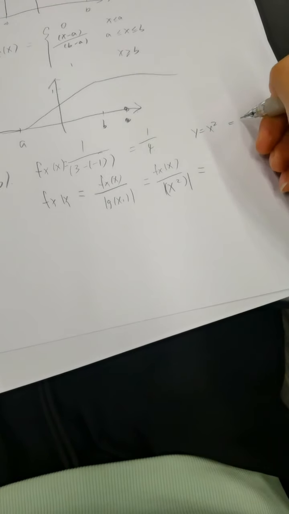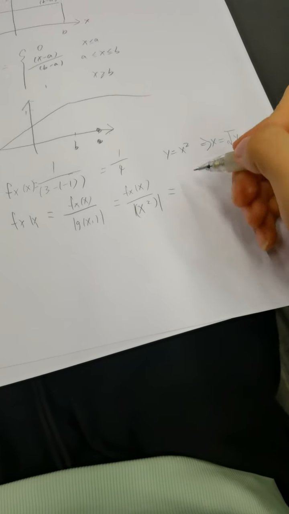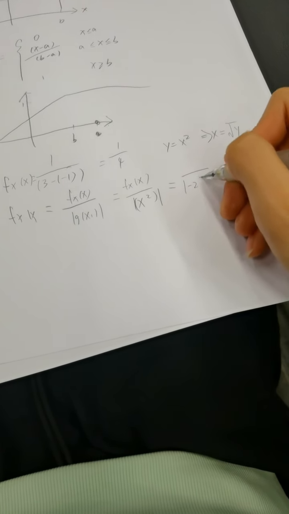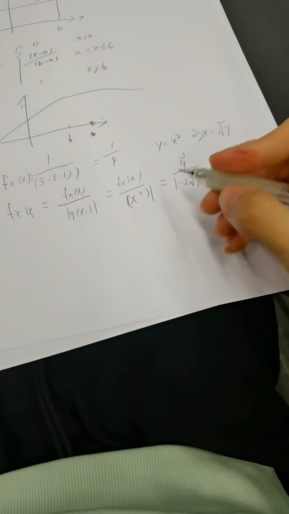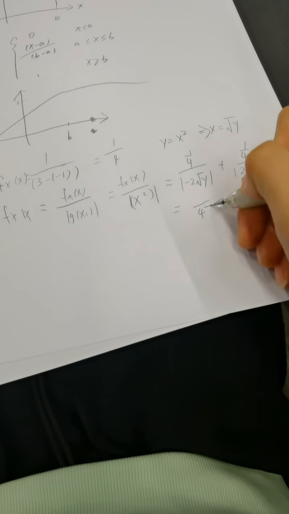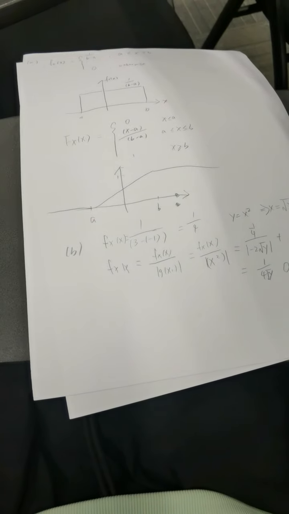The sum of these two becomes this one. So this is the equation from 0 to 1. Sorry, I made a mistake here, it is this.